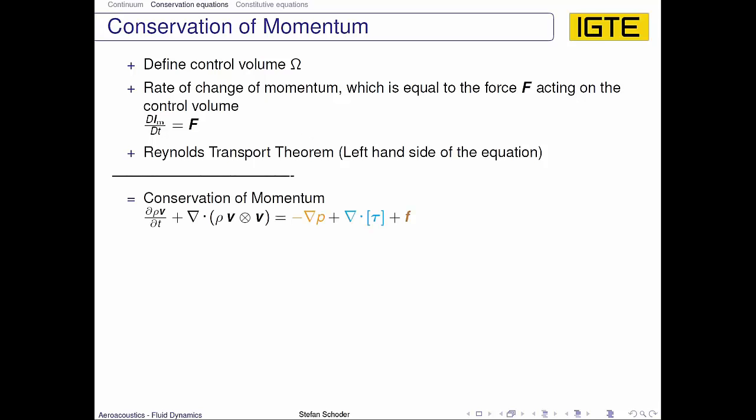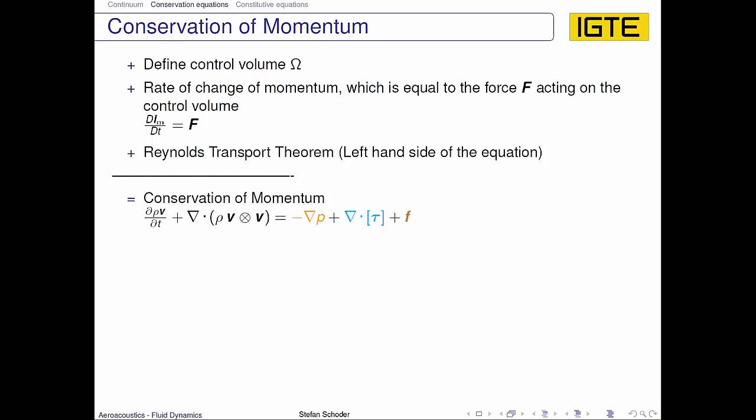Having all these three ingredients together, we can derive the conservation of momentum in this formulation down here, and there we see how the left hand side is transformed by the Reynolds transport theorem from this quantity to that, and the forces are simply inserted in a local representation, and that's basically it.